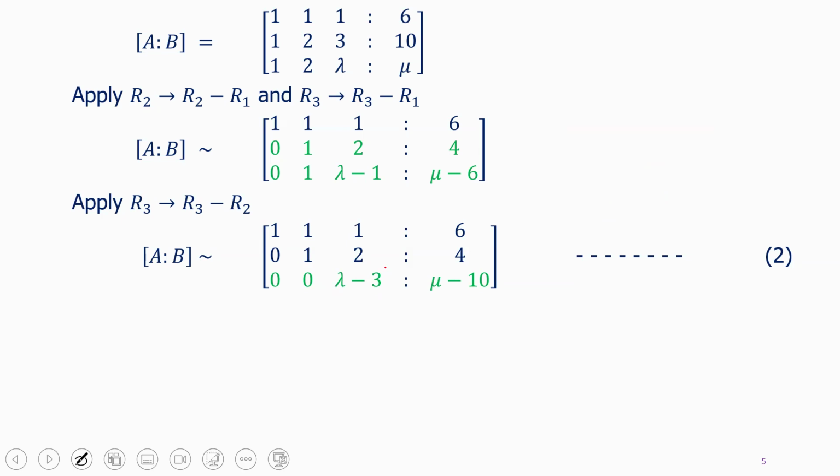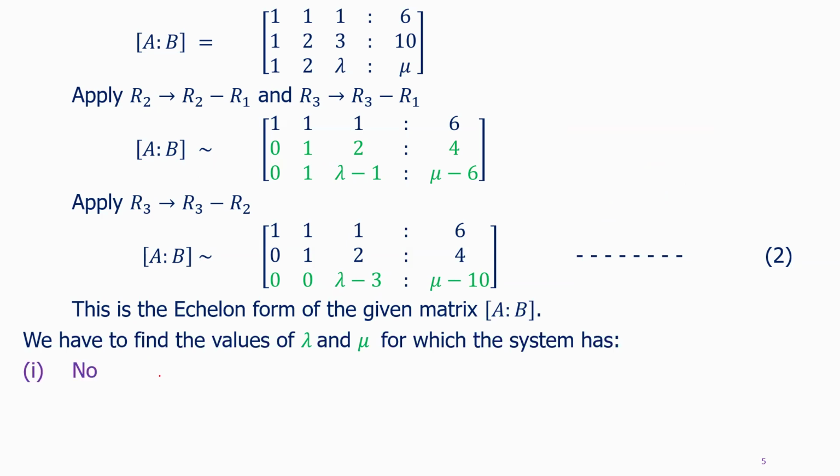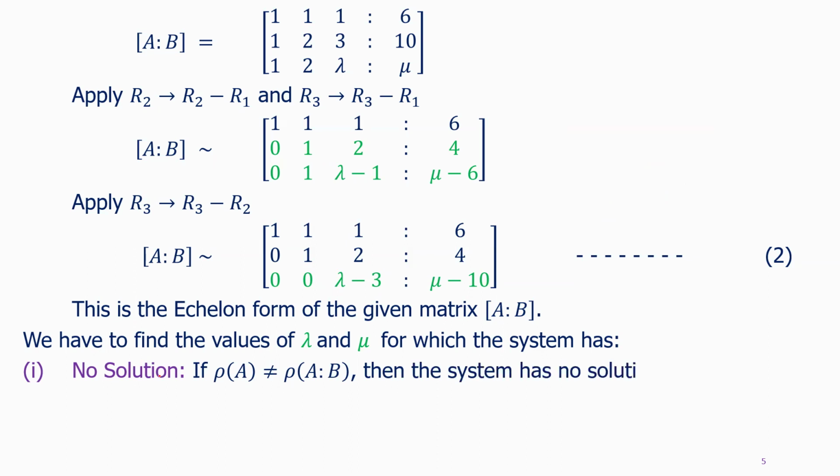Now, we want to discuss all the three possible conditions. Condition number 1, no solution. If the rank of A is not equal to the rank of the augmented matrix, then the system has no solution.